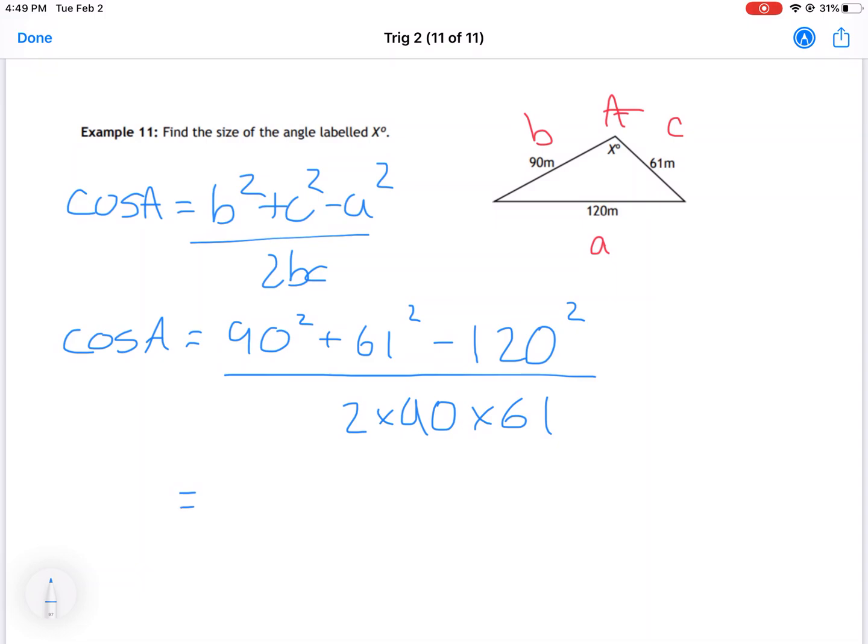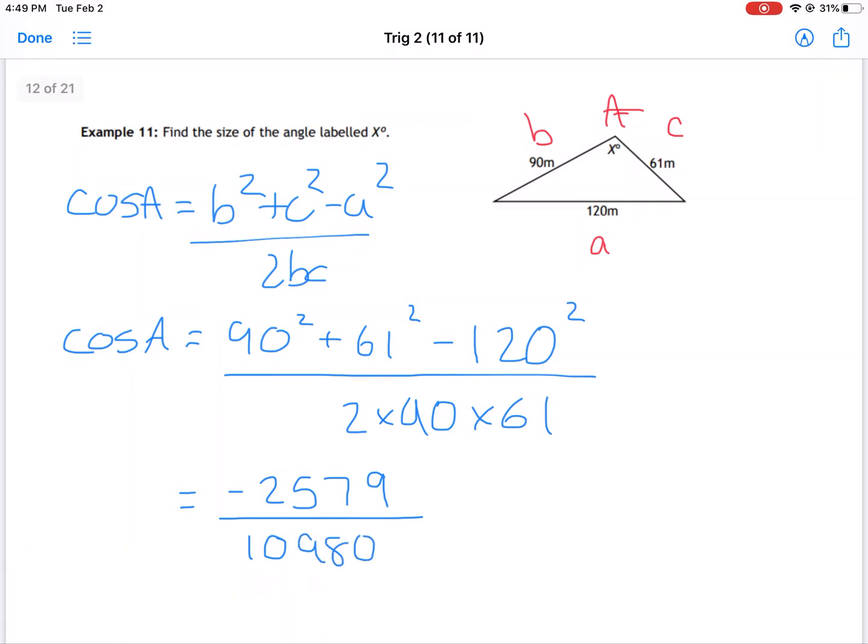So in this case, let's find our two numbers. 90 squared plus 61 squared, take away 120 squared, gives us negative 2579, and then 2 times 90 times 61 gives us 10,980. Now this being a negative number is okay.